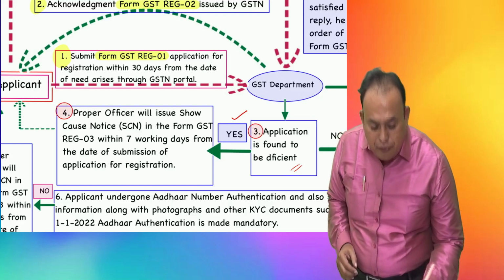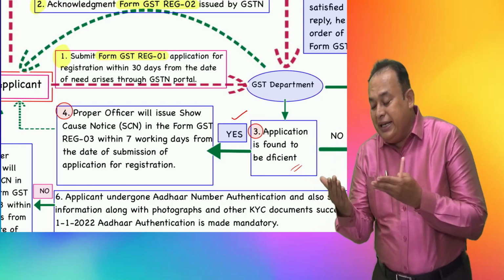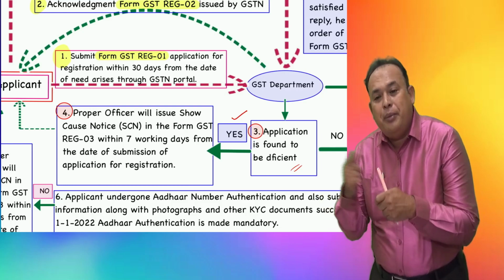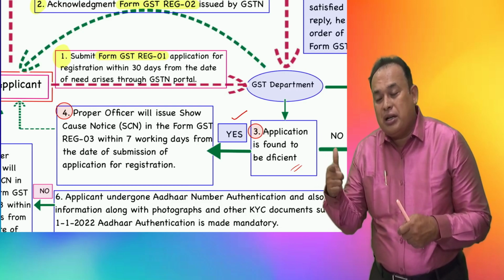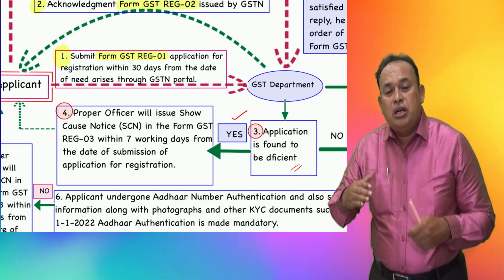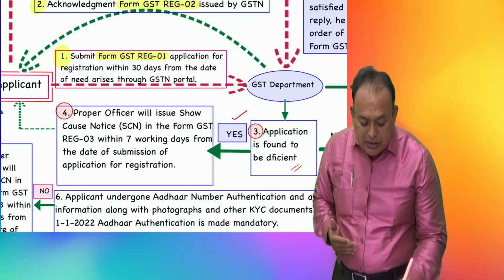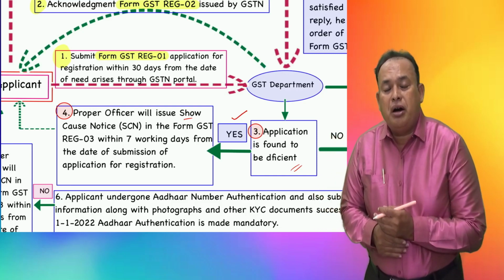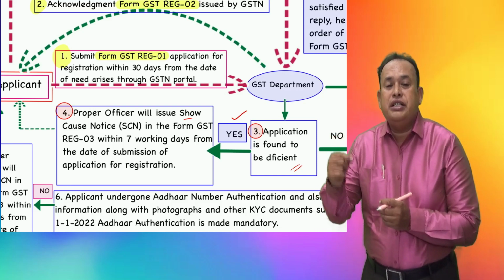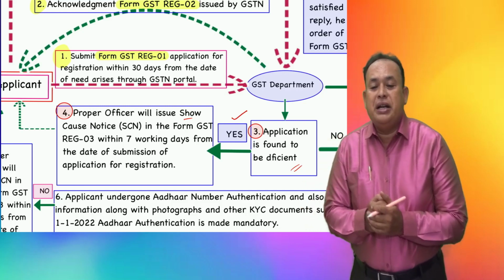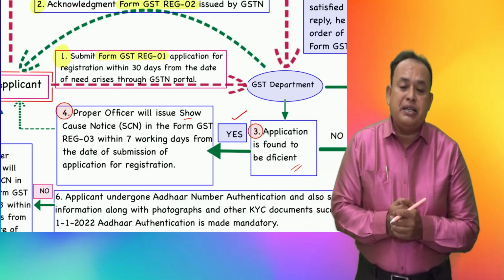Step 3 is verification, finding any deficiencies, and informing the concerned person who wants registration. Step 4: the proper officer will issue a show cause notice in the form GST REG 03 within 7 working days from the date of submission of the application for registration.